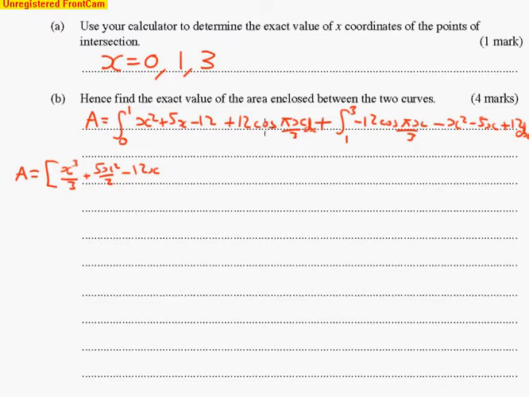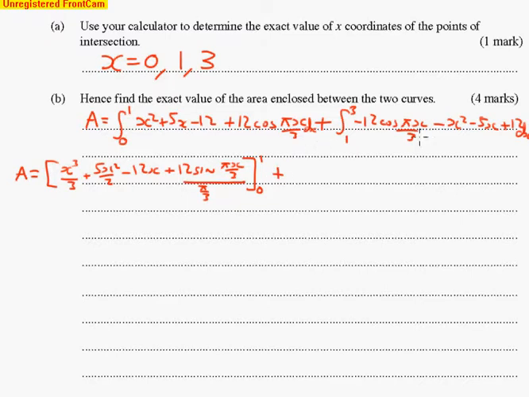Now the integral of a cos is a sine, so this will be plus 12 sine whatever the angle is, pi x on 3, all divided by the derivative of the inside part here, which is pi on 3. And that is all between 1 and 0.